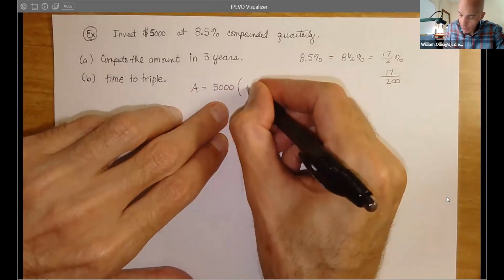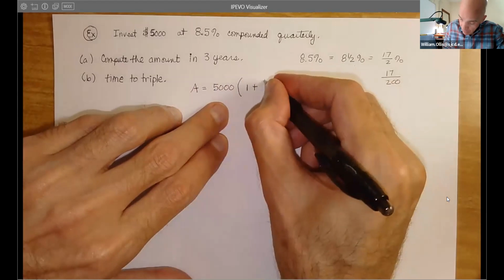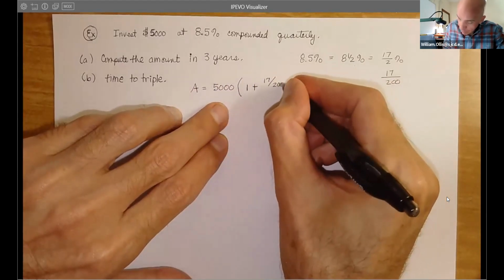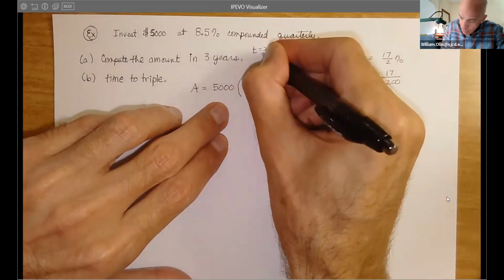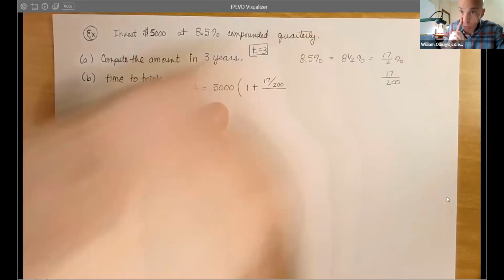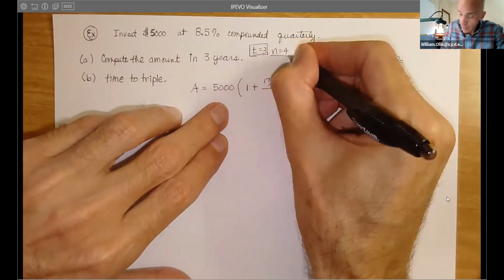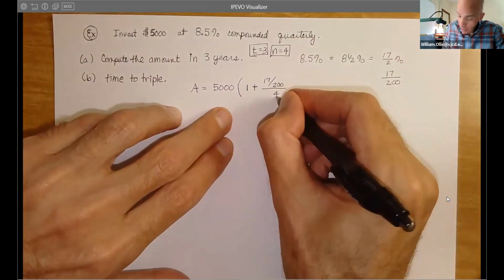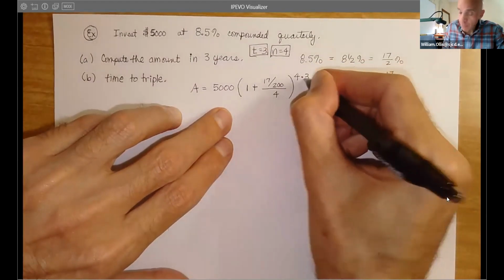Remember, we have 1 plus R, 17/200. Now, of course, we have T equals 3, and quarterly means N is equal to 4. So interest is levied 4 times per year. So we have a 4 here. And then, of course, we get N times T, 4 times 3.